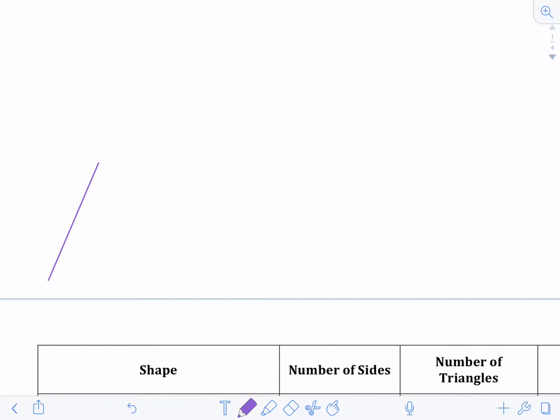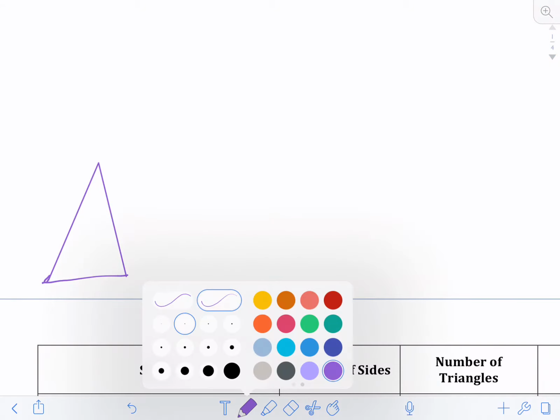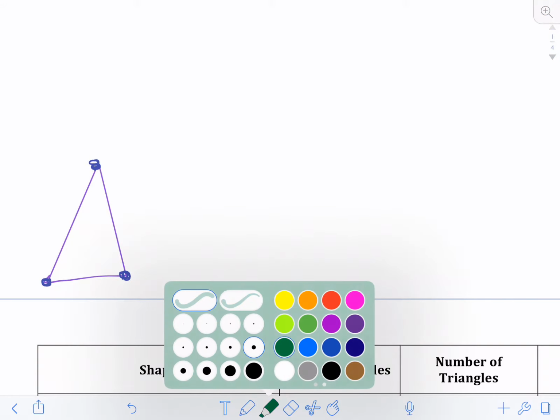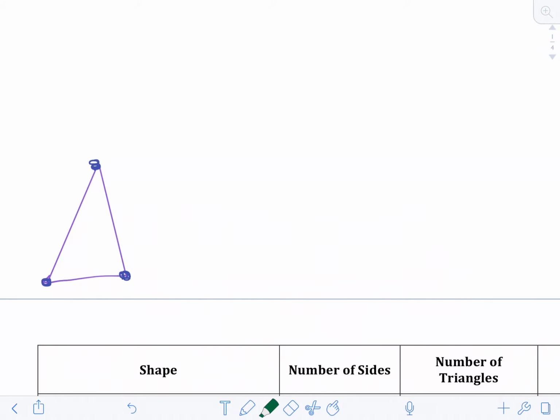So I'm going to draw a triangle here, and it's not going to be the best, but it's a triangle. And what I want you to do is make little dots on your vertices. And then with a highlighter or a different color, just go from a vertex to a vertex, starting from that same vertex.